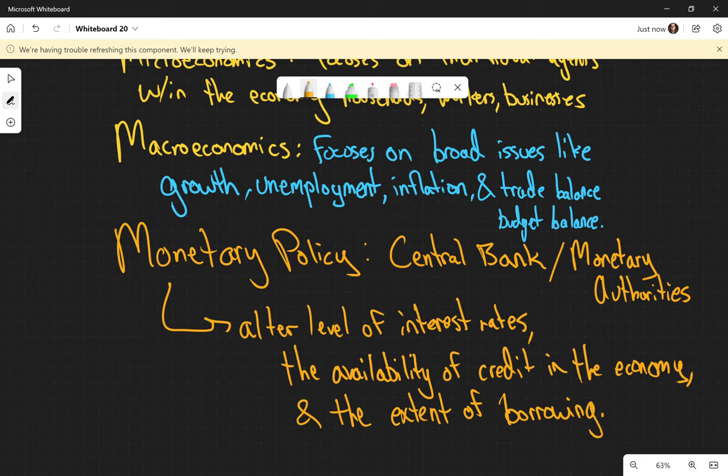So in a way, monetary policy is often referred to as gassing the economy or pumping the brakes on the economy, right? So they use different tools to alter the level of interest rates to try to alter real business cycle performance.